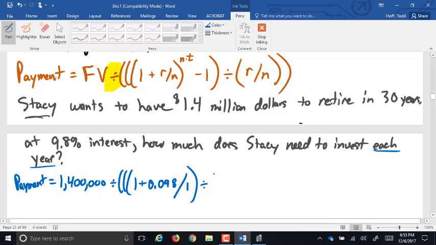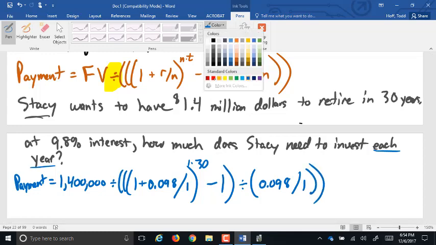To the power of 30. 1 times 30, which is just 30, right? Once a year times 30. Minus 1, close parentheses, and now it's divided by, and then open, 0.098, divide by 1, close and close.